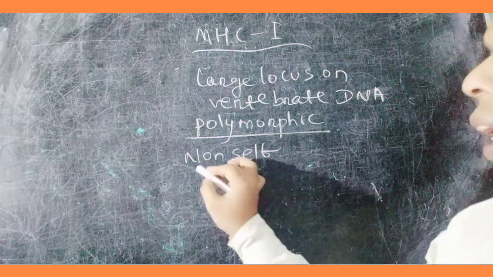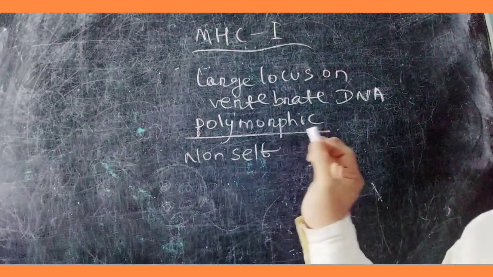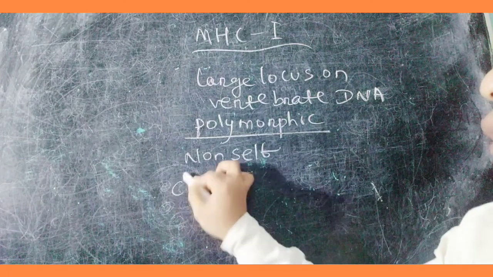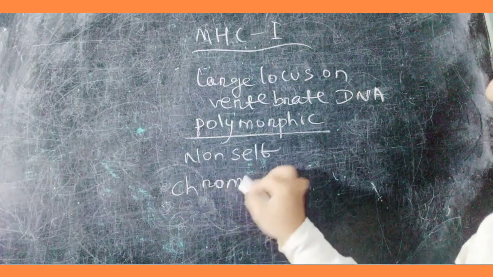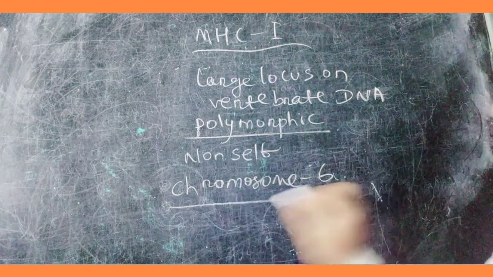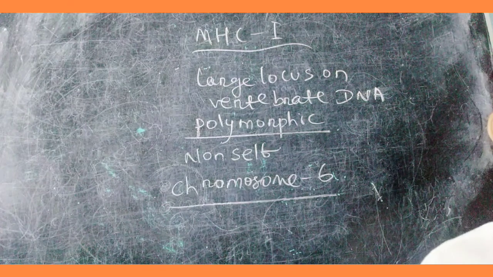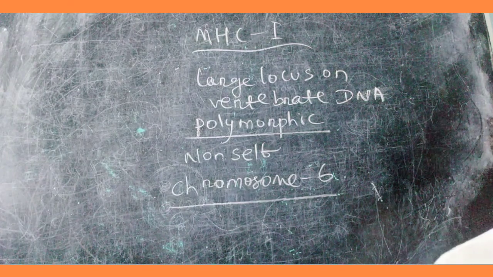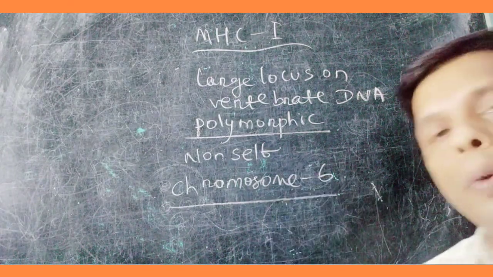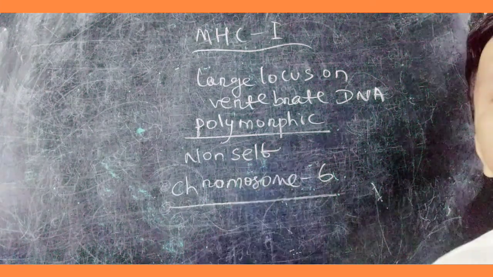Next, in human beings the gene is located on chromosome number 6, while in the mouse it is chromosome 17. So this is the genetic component of MHC1. These are codominantly expressed.